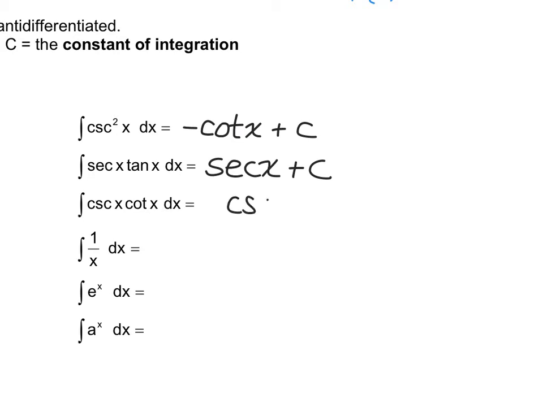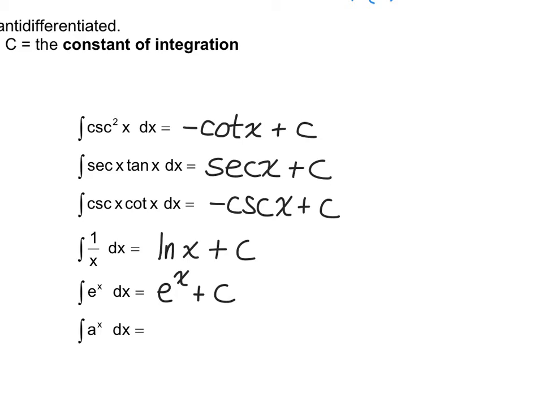Close. Negative cosecant x. All right. 1 over x. What's that antiderivative going to be? Natural log of x. ln of x has a derivative of 1 over x. What about e to the x? E to the x. Good stuff.